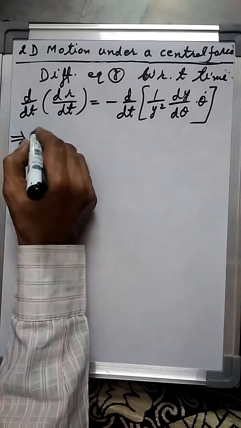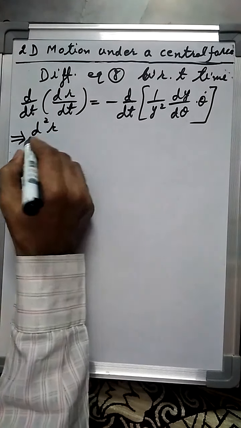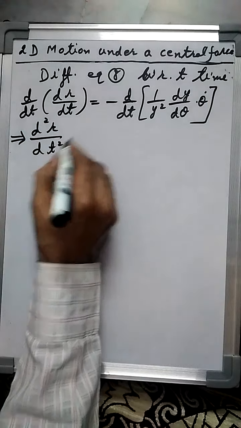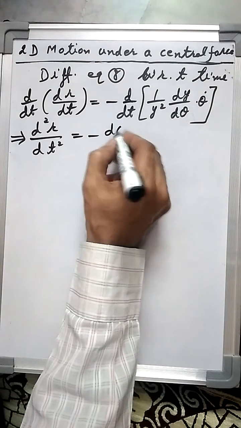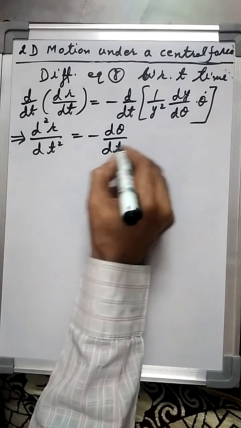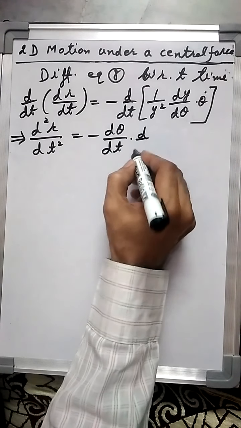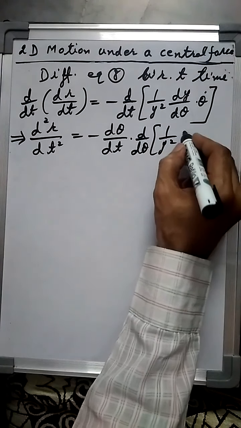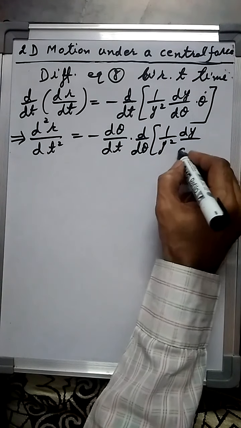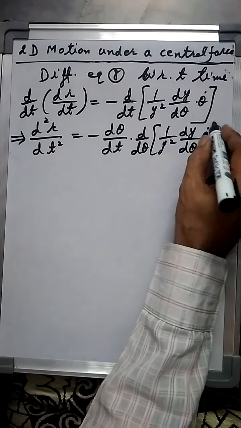The left hand side can be written as d square r by dt square, equal to minus d theta by dt d by d theta of 1 upon y square dy by d theta theta dot.